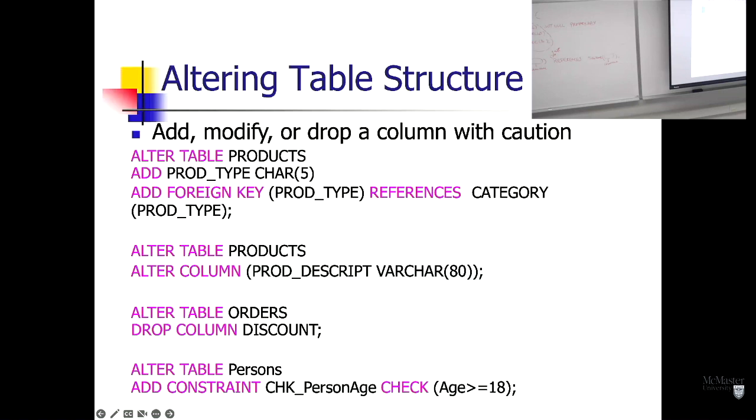So here you have the foreign key column name, and references, here the reference table. So in that case, the foreign key was product type, referencing category.